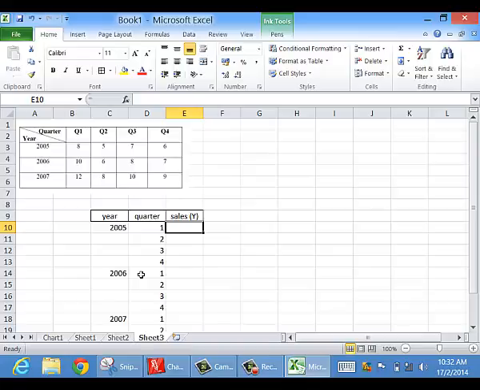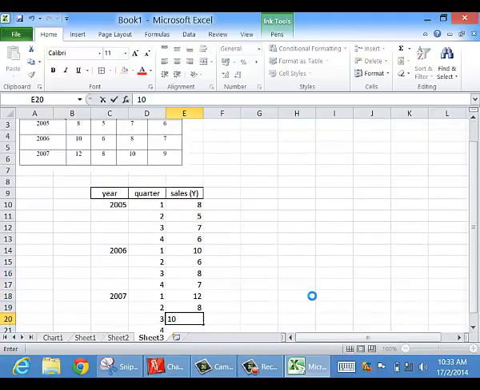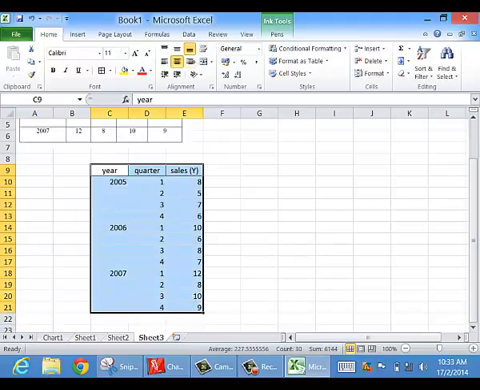For year 2005, quarter number 1, the data is 8, 5, 7, 6. And you have the 10, 6, 8, 7. And you have the 12, 8, 10, and 9. Right. So this is your data in long format.